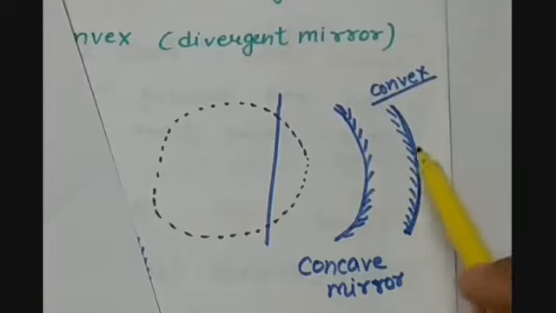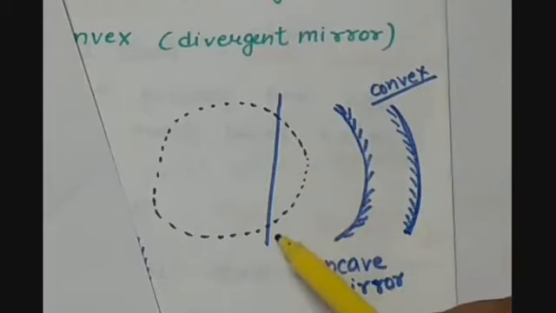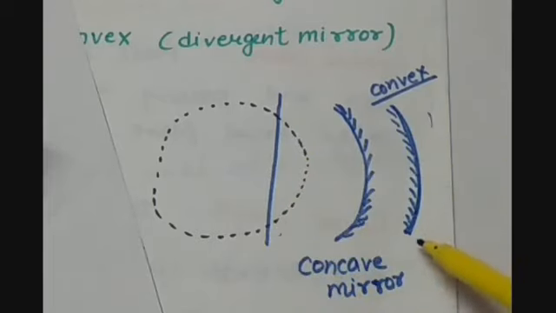So you can define convex mirror as the part of the hollow sphere whose outer surface acts as a reflecting surface and inner surface is silvered, as you can see it here.